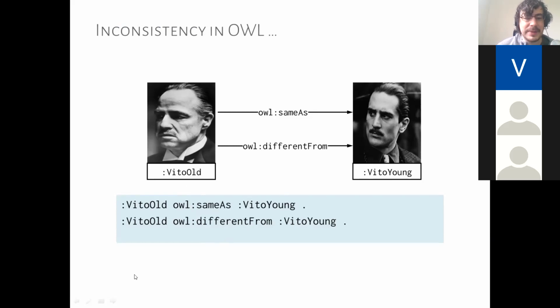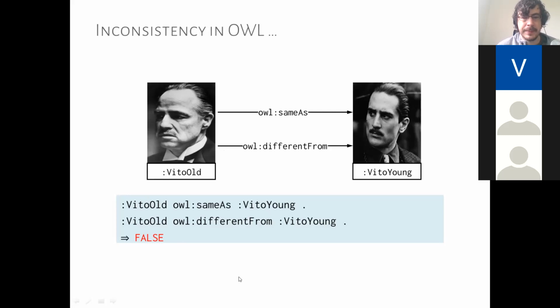then these are saying contradictory things that cannot hold together. Essentially what happens is that this entails false, which just means there's a contradiction in the graph. According to the OWL semantics, this graph is nonsense, or not logically consistent. Here I'm going to denote that with this false symbol.